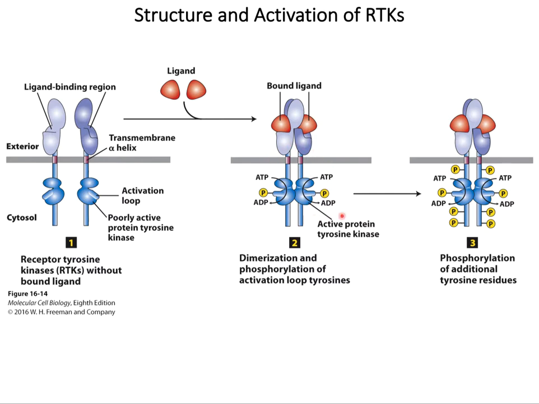So it's actually an autophosphorylation event. So the receptor tyrosine kinase, once activated, phosphorylates its own tyrosines. So you can see in step 2 you have the beginning of phosphorylation of the catalytic domain, and then as the activity increases, you get multiple phosphorylation events on the catalytic domain. So this is the first step of the activation of the receptor tyrosine kinase.